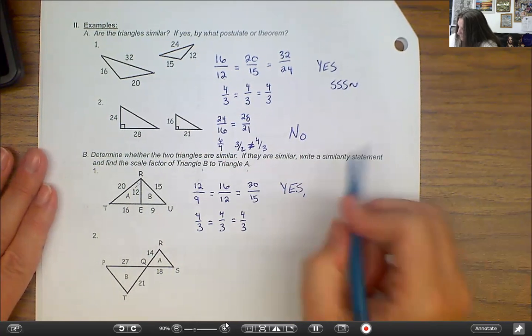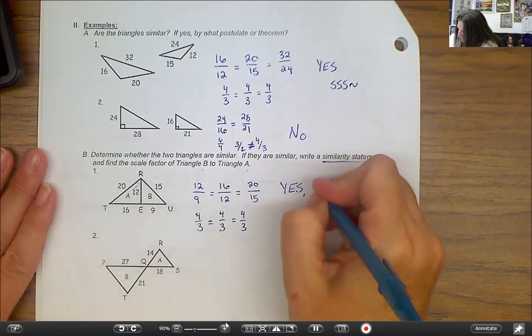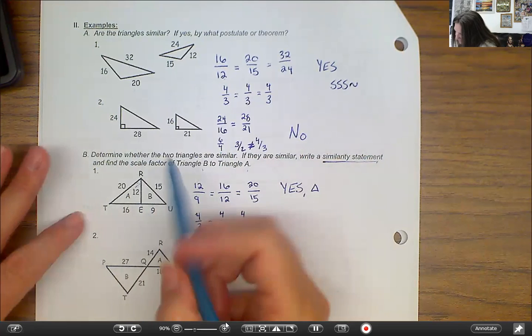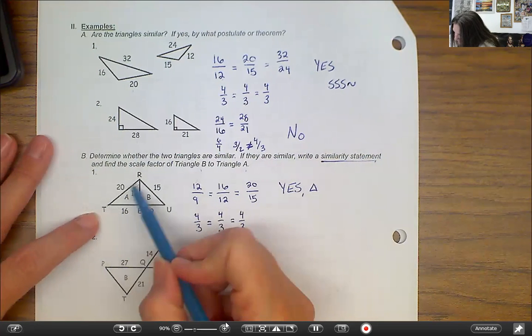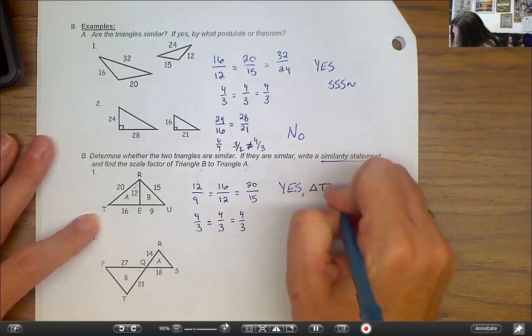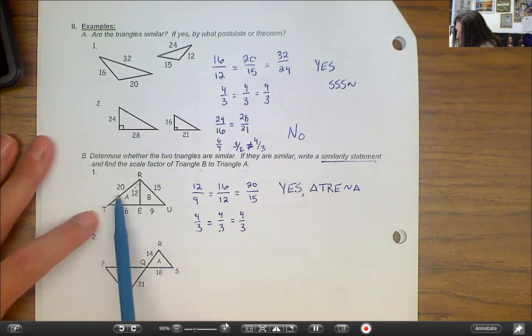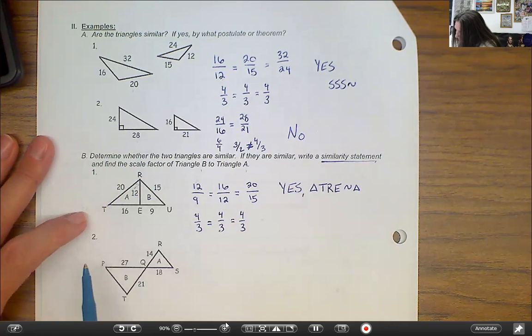And if they're similar, we should now be able to write a similarity statement. When you write your similarity statement, you want to match up corresponding angles. So we're going to say triangle TRE is similar to... Now again, we rotated this when we looked at the second.